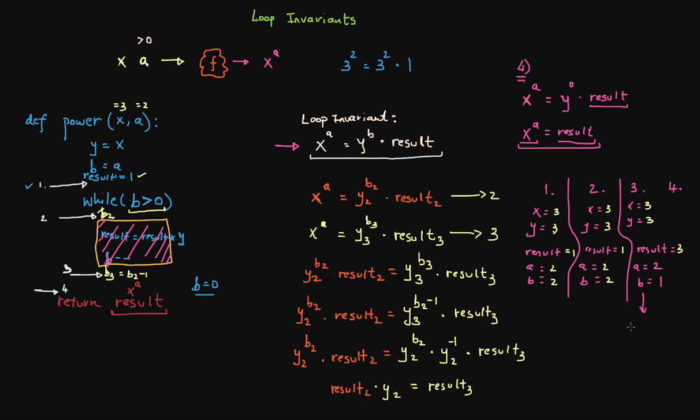I have my x as 3 and a as 2. I've got my y as 3, and I've got my b as 1, times result. The result is 3, so I can see that 3 times 3 is 9, and my x to the power of a is also holding, meaning this is also 9, so my loop invariant holds here.